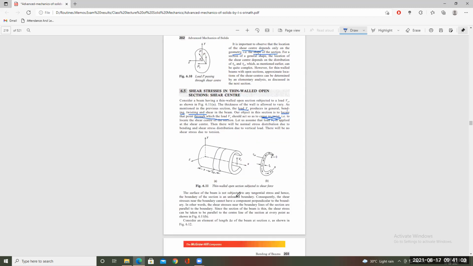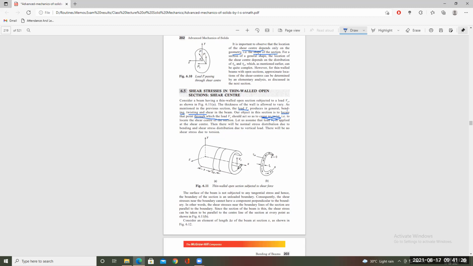Now, the section is not subjected to torsion or tangential stress, which means the beam is open and does not have any tangential or circumferential stress, as we have mentioned here. As it is too thin, there are no radial stresses acting here.